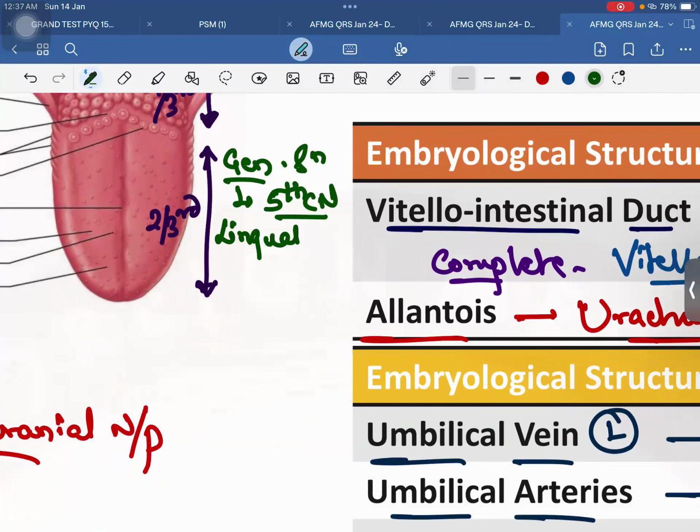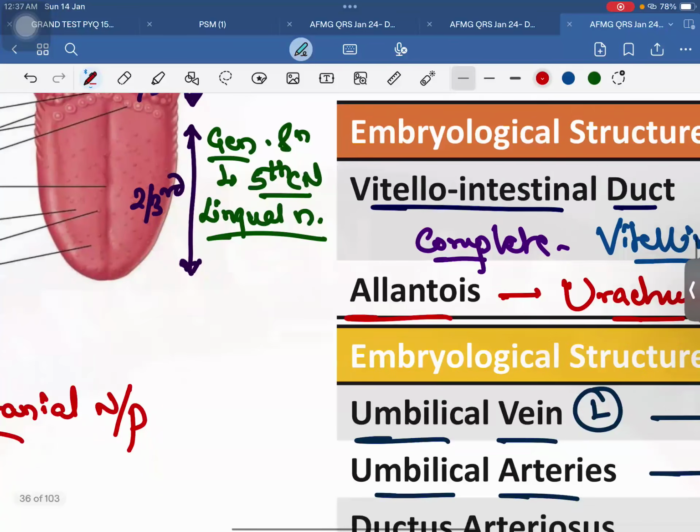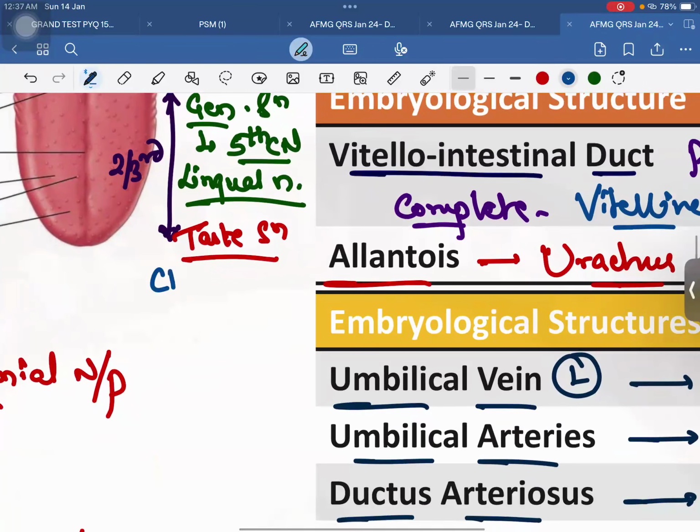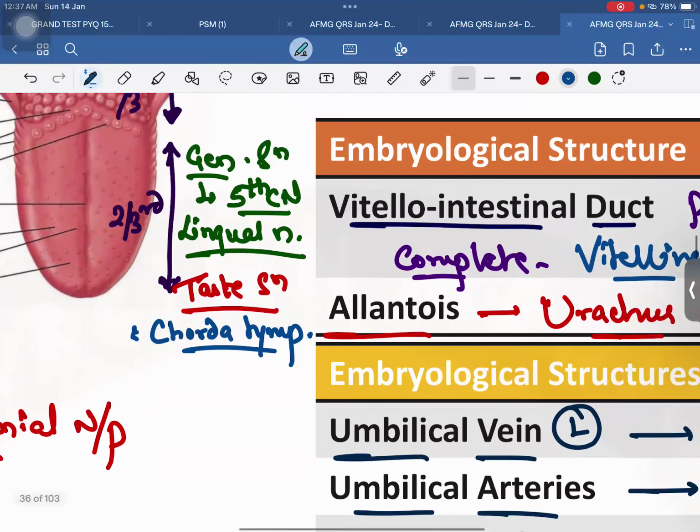The lingual nerve, as the name itself makes evident. Taste sensations from the anterior two-thirds are carried by the chorda tympani nerve, which is a branch of the facial nerve.